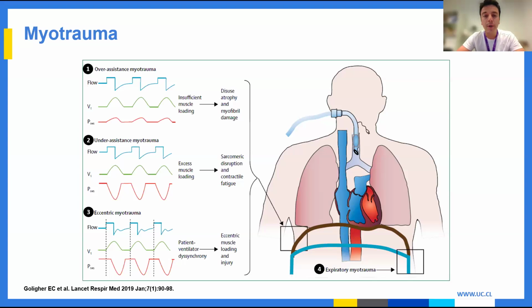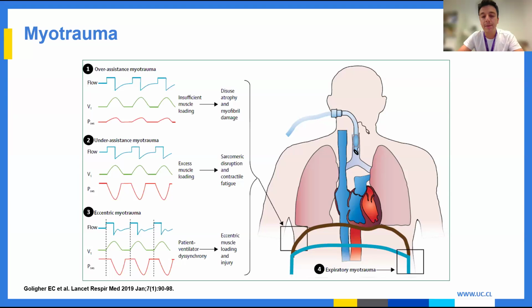And there is another kind of new mechanism where the diaphragm can be impaired, and this is eccentric myotrauma, which occurs mainly when you have patient-ventilator dyssynchrony because of eccentric contraction of the muscle.